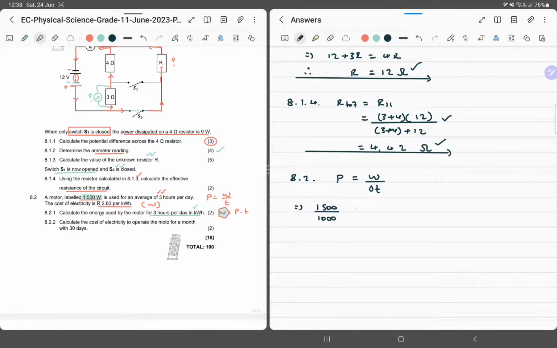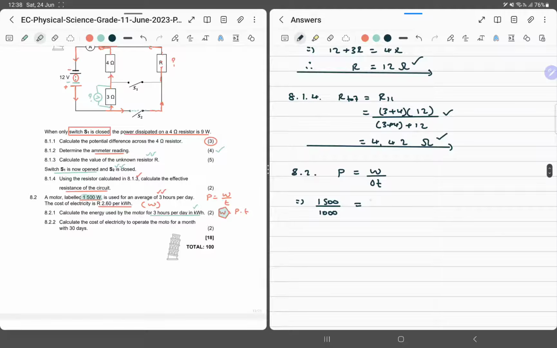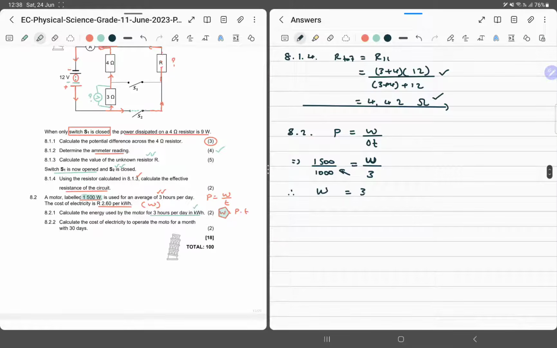We're already doing substitution and conversion at the same time. Is going to be equal to the work is capital letter W over, then we are given 3 hours, so this is as good as that. So we'll do some gymnastics there. You can say therefore the energy dissipated is going to be 3 into 1,500 over 1,000.